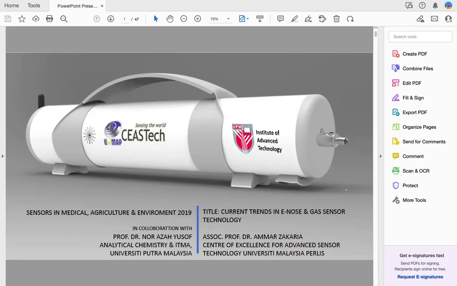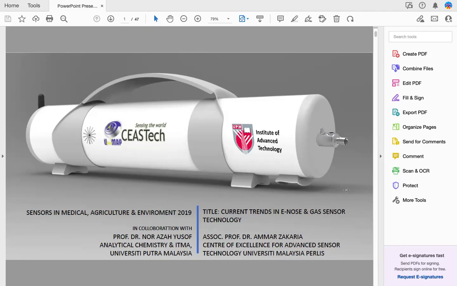But it is an artificial nose. So how is an artificial nose developed? This is quite trendy because of COVID-19. There is a need to monitor and check, especially at airports, to quickly check whether there are cases of COVID or other respiratory diseases.